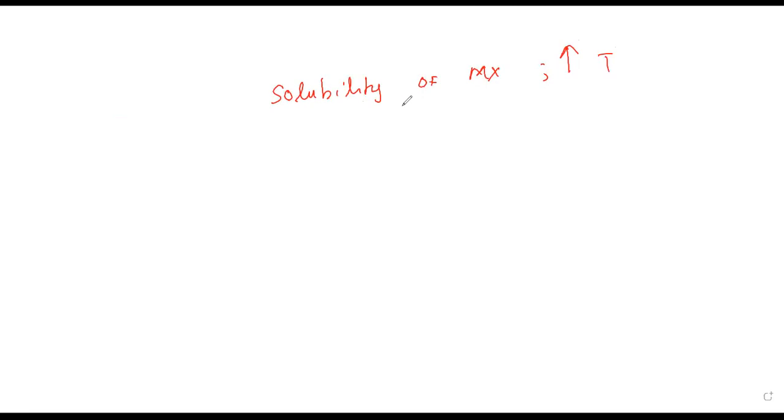The solubility of the MX, whether increase or decrease when you increase the temperature. Do you have any answers? Anyone? Give me a second.